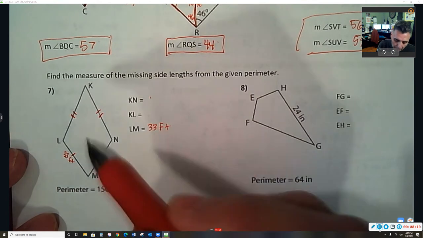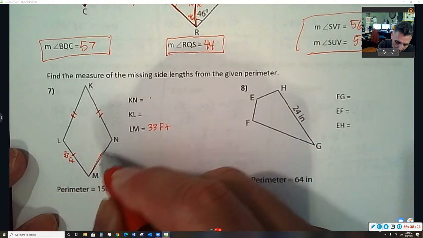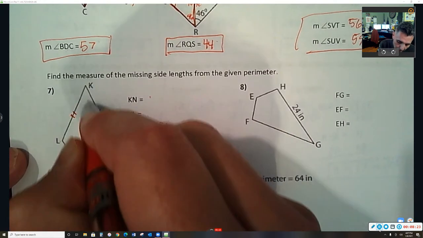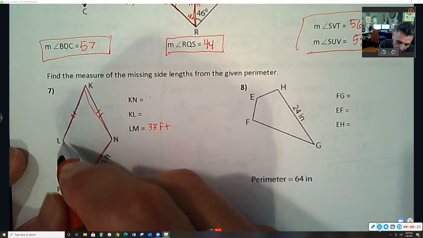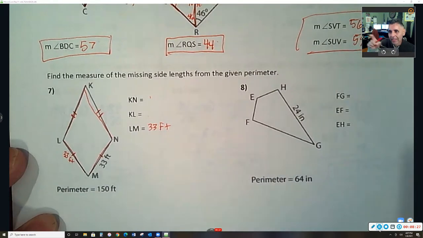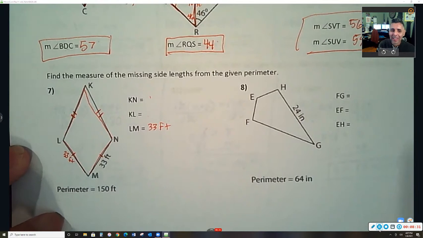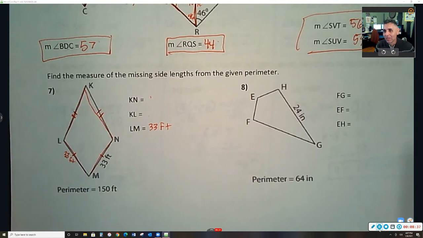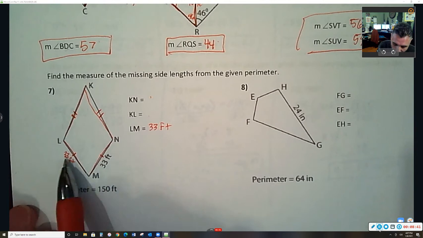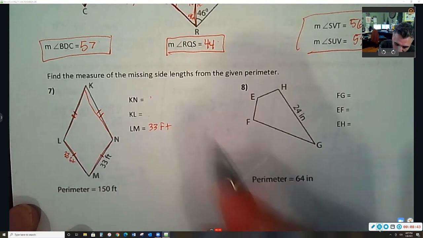And perimeter means when you take and add up the measures of the sides along. The perimeter is the distance around a figure. Okay, so to find the distance around the figure, you pretty much just add up the sides. So we know two sides are 33 feet.